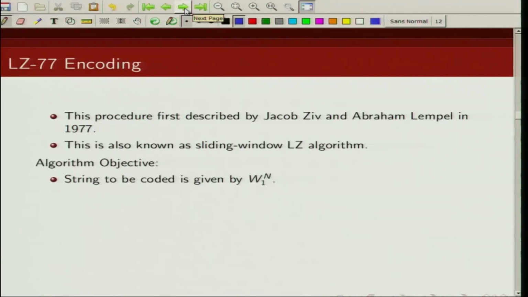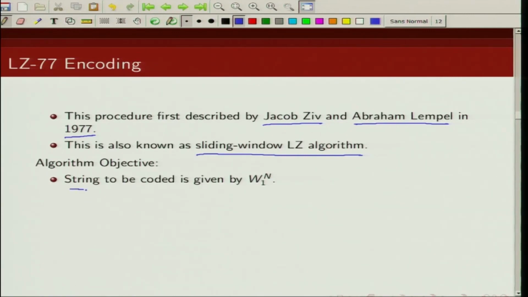This Lempel-Ziv 77 algorithm was given by Jacob Ziv and Abraham Lempel in 1977, and this is also known as the sliding window version of the Lempel-Ziv algorithm, and it's a dictionary based source compression algorithm. We'll talk about that.